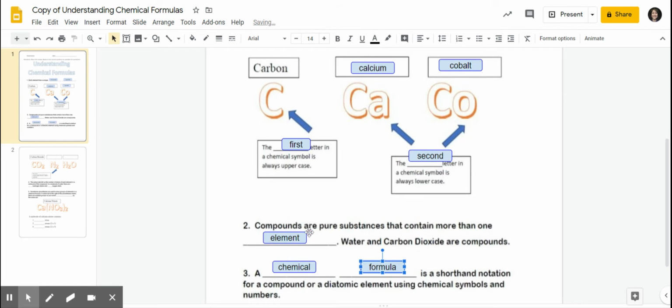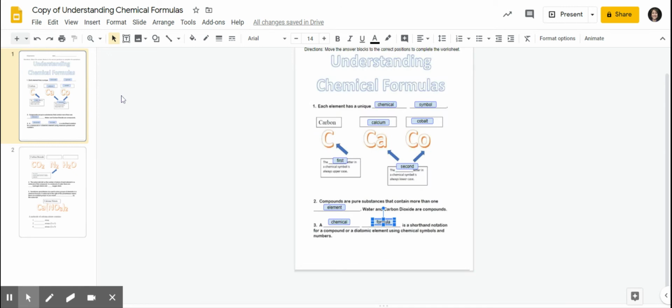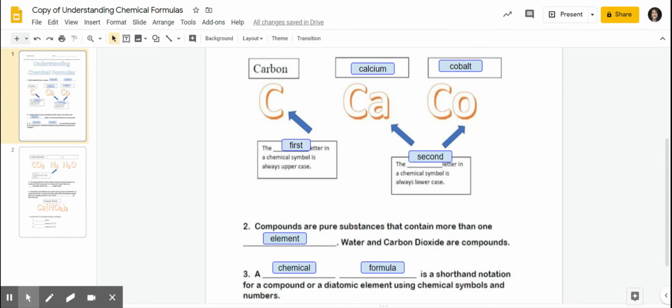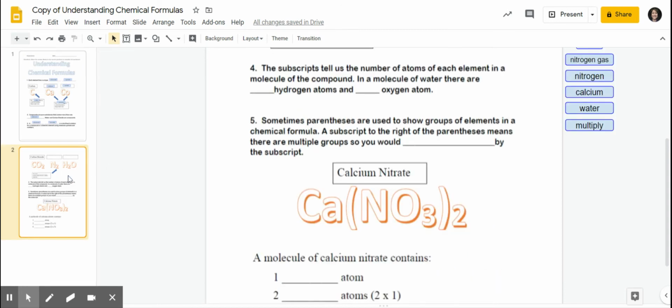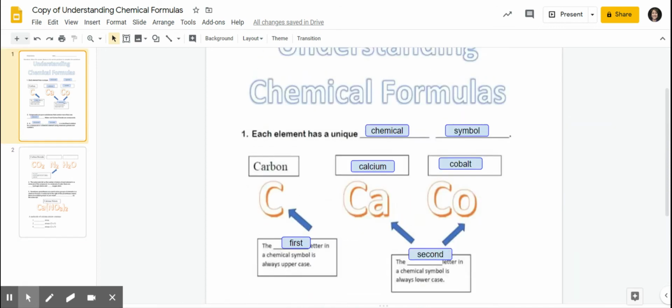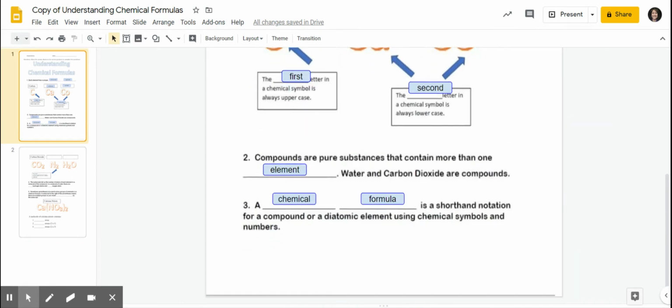So that's our first page, and you can check your answers to that first page. On the second page now.